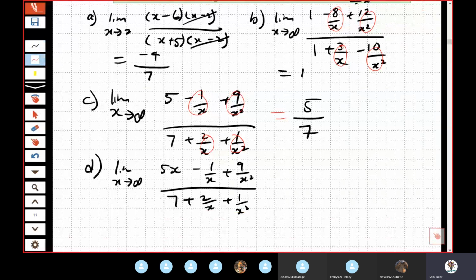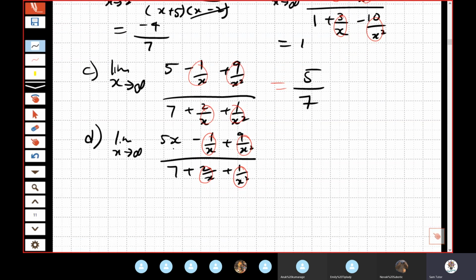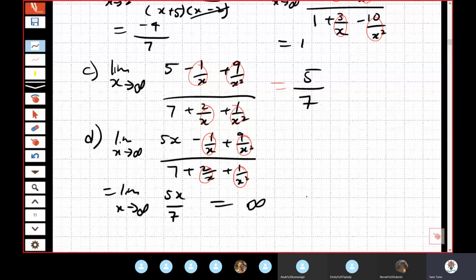Okay, now what happens this time when I sub in infinity into here? 0, 0, 0, 0, but I've still got 5x on 7, so the next line is limit as x approaches infinity of 5x on 7. What's going to happen when I sub in infinity into here? 5 times infinity is infinity over 7. Your answer is infinity.